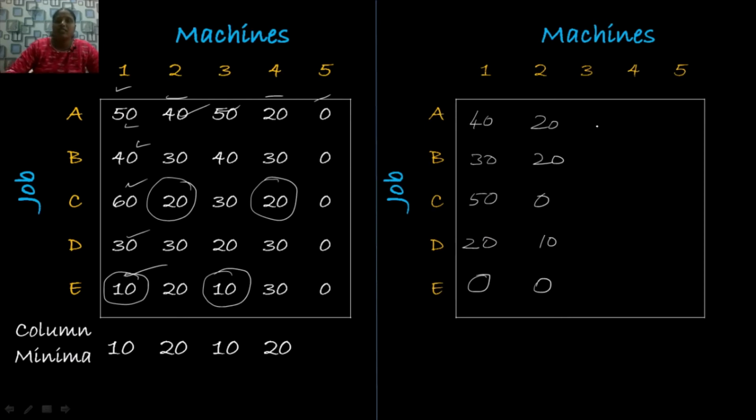And move on to the next column. Here we have to subtract the minimum element from the third column elements, that is 50 minus 10, 40, 40 minus 10, 30, 30 minus 10, 20, 20 minus 10, 10, 10 minus 10, 0.